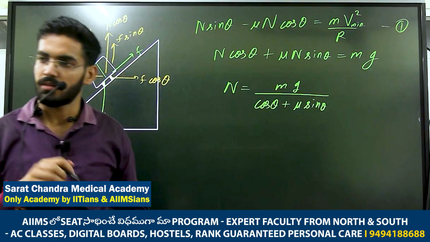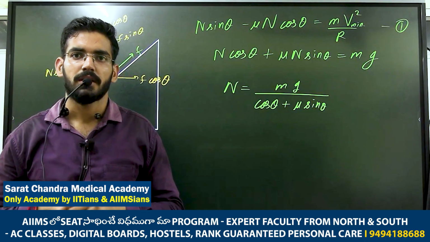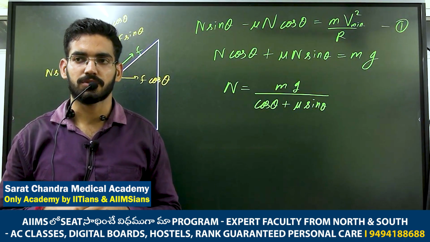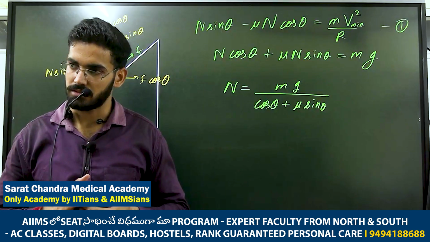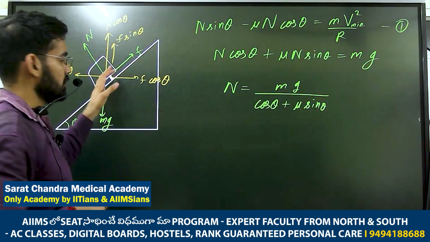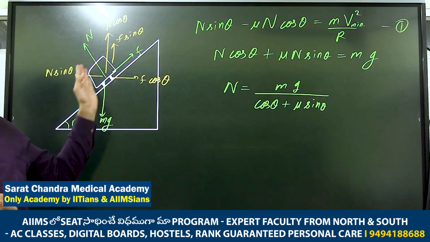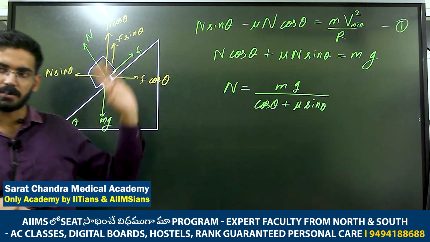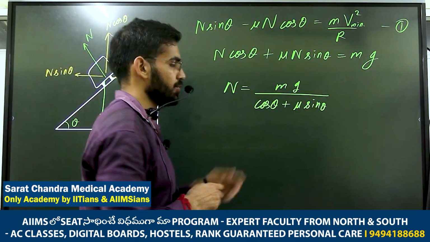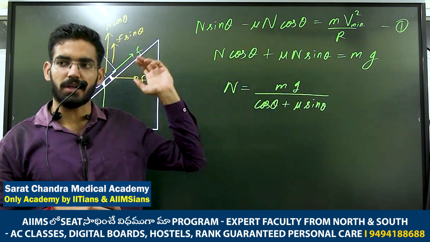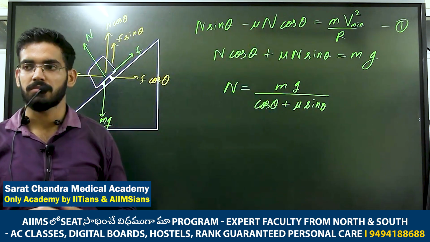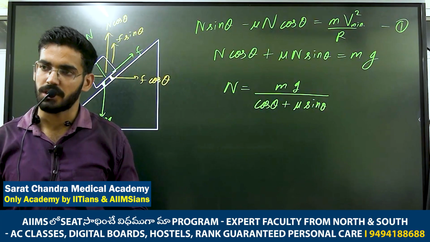Okay. Correct. Agree? What we are doing? Net force towards the center equals mv square by r. Here friction has a tendency of slipping this side, so friction will act that side. If you decrease more than the value we will calculate, then it will fall. Then friction also changes to kinetic.